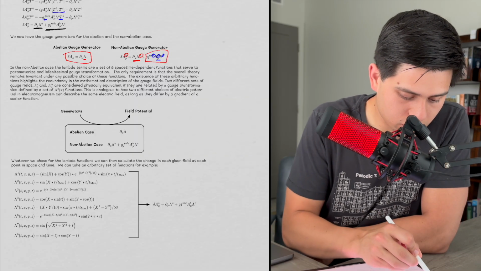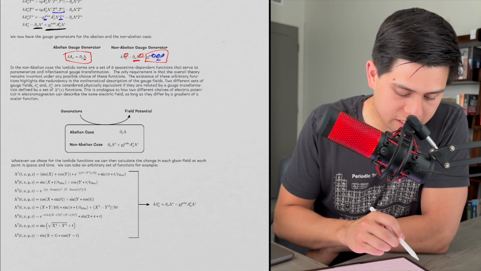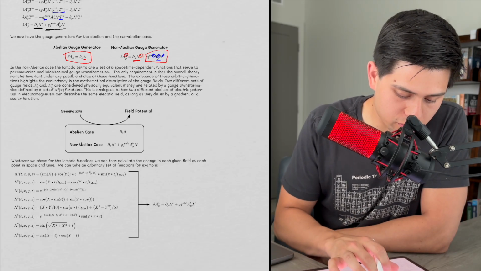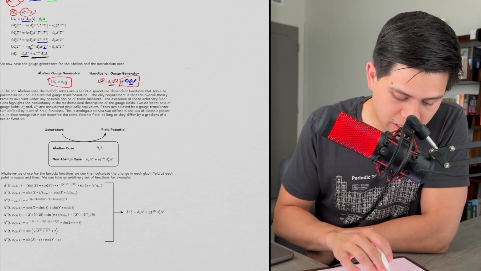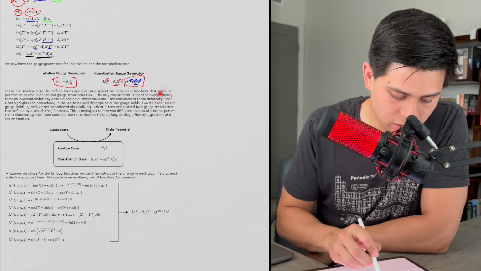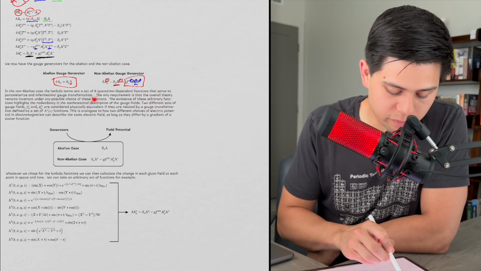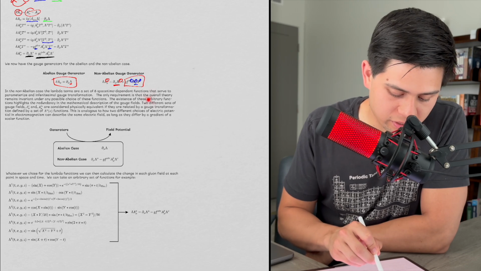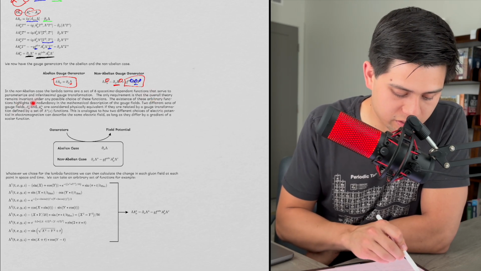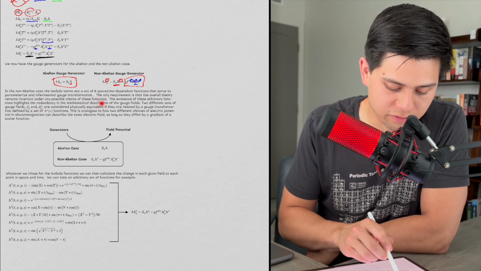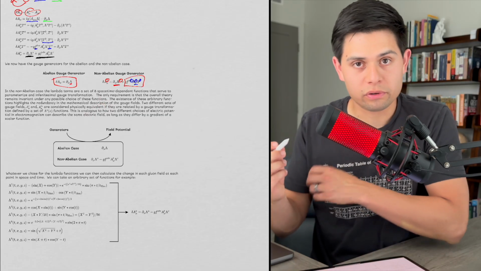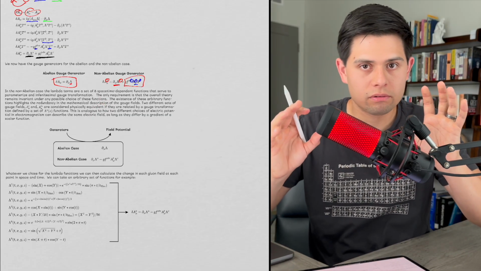All right, so in the non-abelian case, the lambda terms are a set of 8 space-time dependent functions that serve to parameterize an infinitesimal gauge transformation. The only requirement is that the overall theory remains invariant under any possible choice of these functions. That's what we were talking about. We have these 8 functions now.